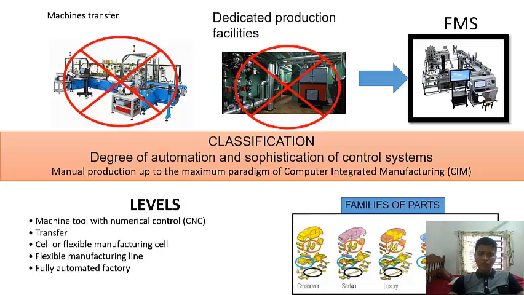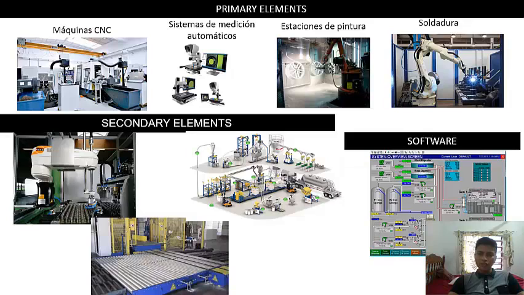In an FMS, there must be 3 fundamental parts that are divided into subsets, which are described below. Primary elements: CNC machines of any kind, turning centers, machining, grinding, EDM. Elements for auxiliary operation: lubricant, washer, treatment ovens, automatic measuring system, painting station, chrome plating, coating, assembling station for parts, welding, screwing, riveting.